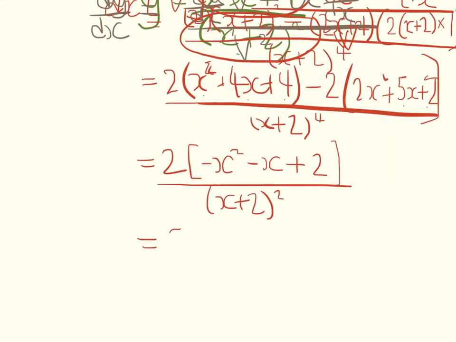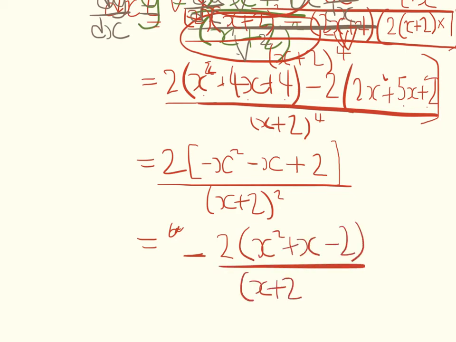So we can take out a minus, so then that will give us 2 times x squared plus x take 2 all over x plus 2 to the power of 4.